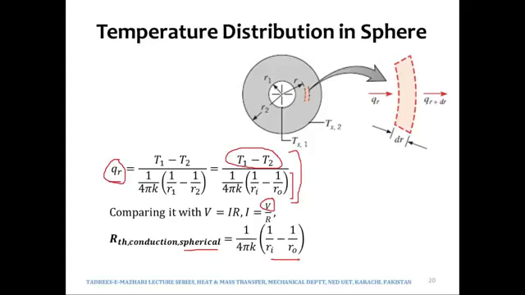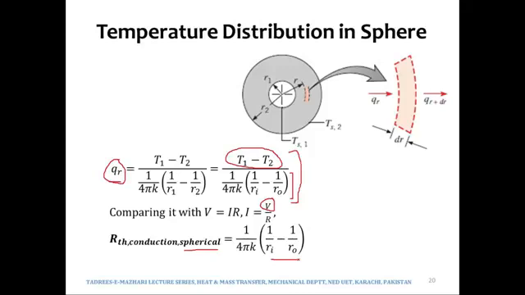So concluding this, we have convective resistance as 1 over hA and radiative resistance as 1 over hrA, but the conductive resistance is different for plane wall, Cartesian coordinate system, cylindrical coordinate system and spherical coordinate system.